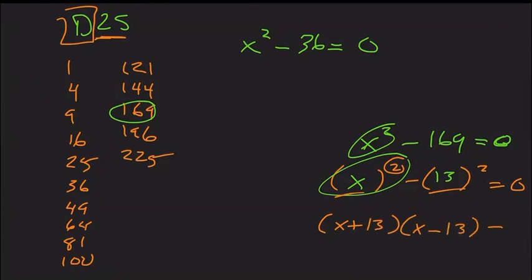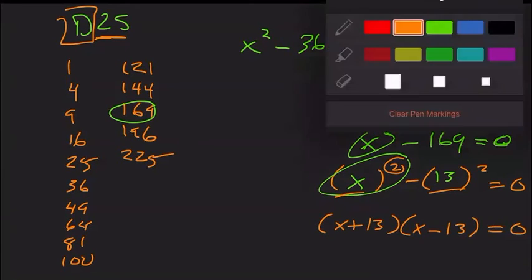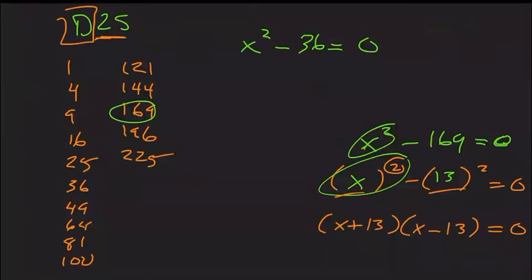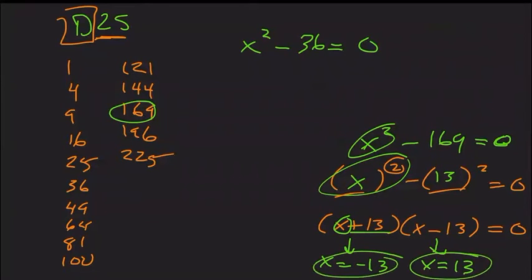It's always plus and then minus. And then from here, we're solving by inspection. This one is going to be x equals negative 13, because if you plug in negative 13 here, negative 13 plus 13 is 0. And over here, this one's going to be positive 13. So negative 13, positive 13.